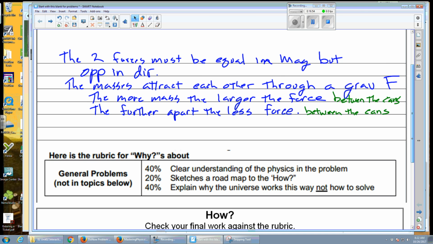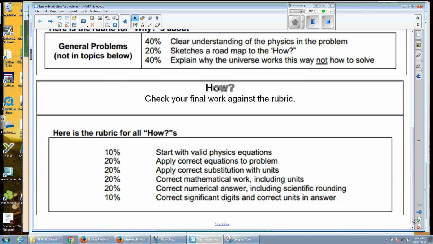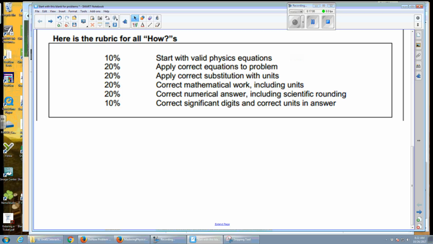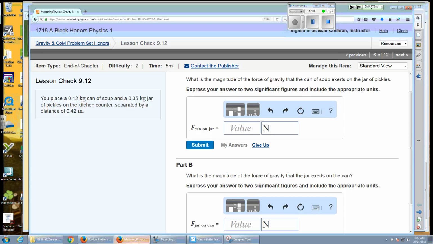And I might even do a diagram in this one, but I think I'll do my diagram in my how. So, got a can of soup, and a jar of pickles. And let's see, the soup is 0.12 kilograms.